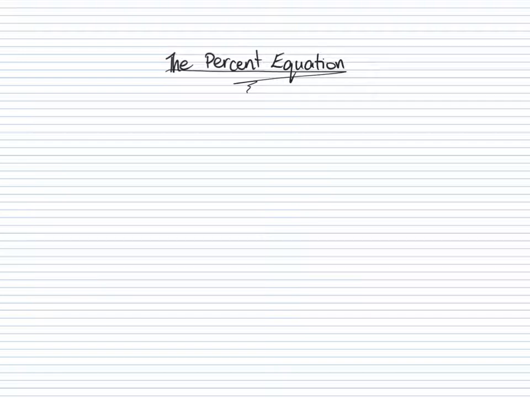So if you see a problem in which it tells you A is, and I'm just using variables for now, A is P% of B, well, this translates to A equals P percent. When you think of is, what does is mean?